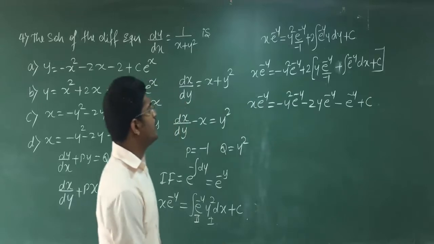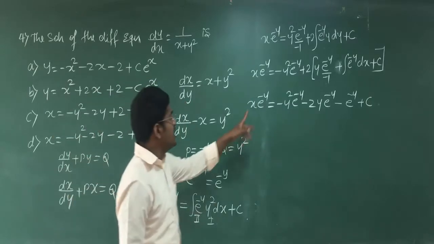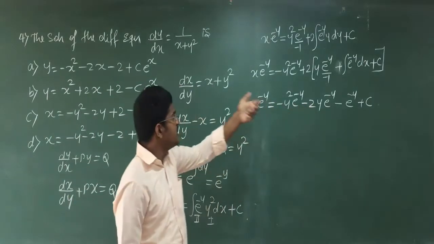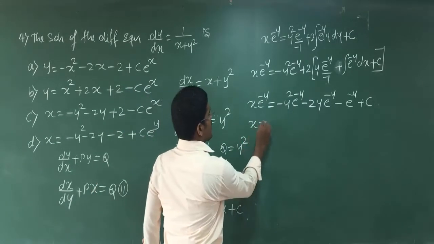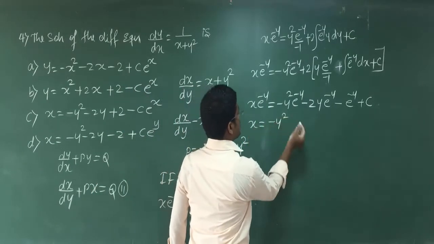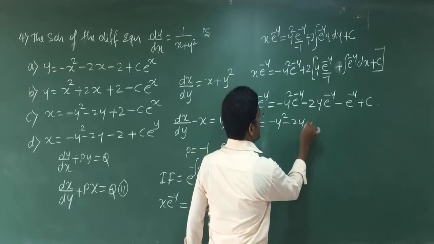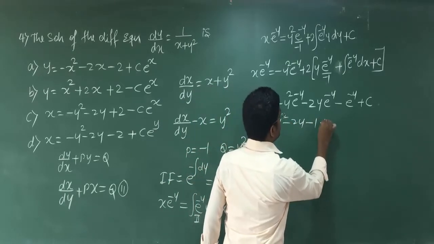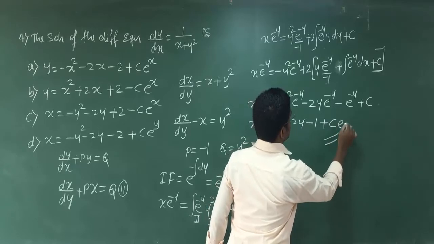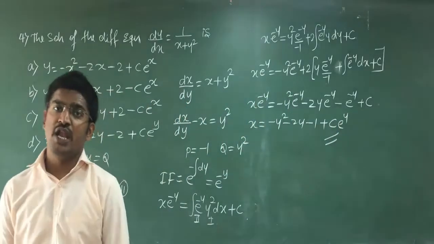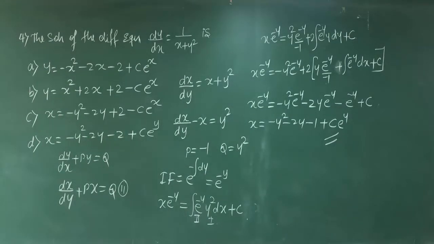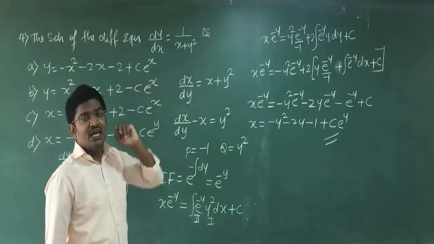No problem. Which term is common? e raised to minus y is common. You take e raised to minus y as the common term and simplify it. So it will be x equal to minus y square minus 2y minus 1 plus c into e raised to y. So this will be your solution for the given differential equation.